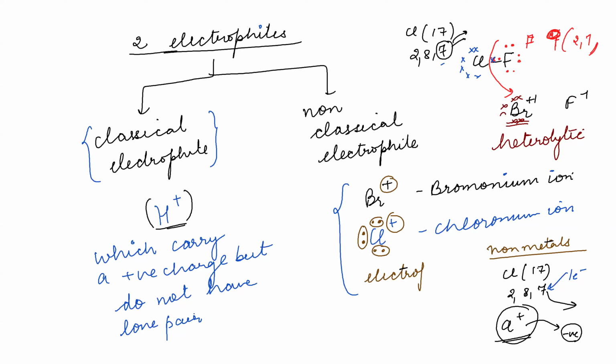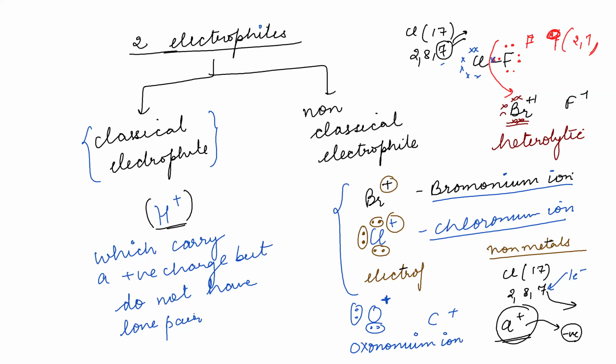So when we are dealing with Br plus, that's my bromonium ion and that's my chloronium ion. Similarly, if we had O plus, yesterday we saw that O donating one of its electrons to C plus. Then in that situation, O was acquiring a positive charge and it had a lone pair. So this is nothing but oxonium ion.